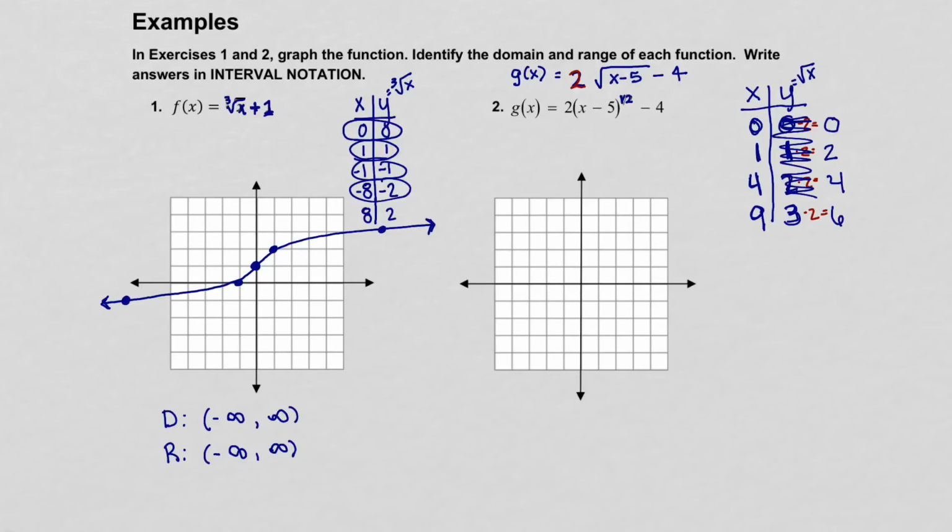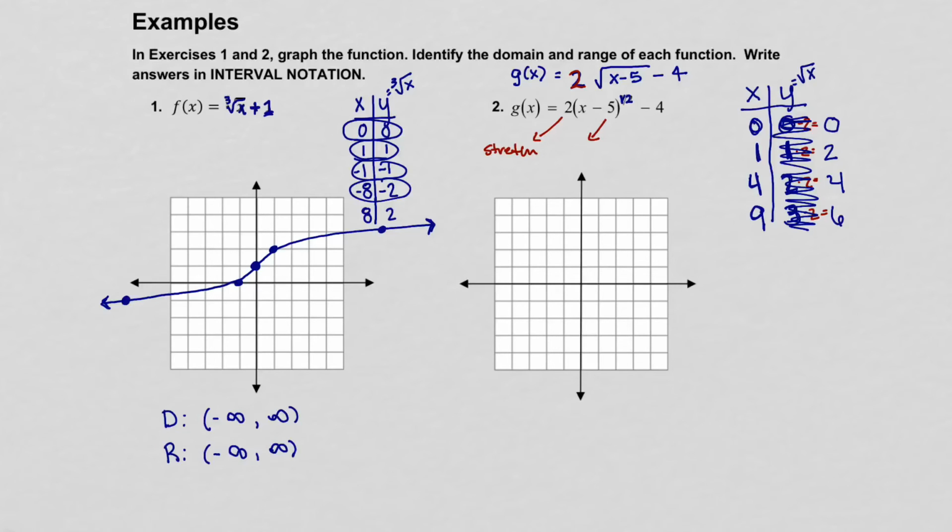I can get rid of those if I want to, if that's going to help me narrow down what I'm looking at. Okay, so now am I ready now to go ahead and start graphing? Not quite yet, because I have to move up, down, and left and right, right? So I've already dealt with my stretch. So this is my stretch. That's done. But what does this minus 5 mean?